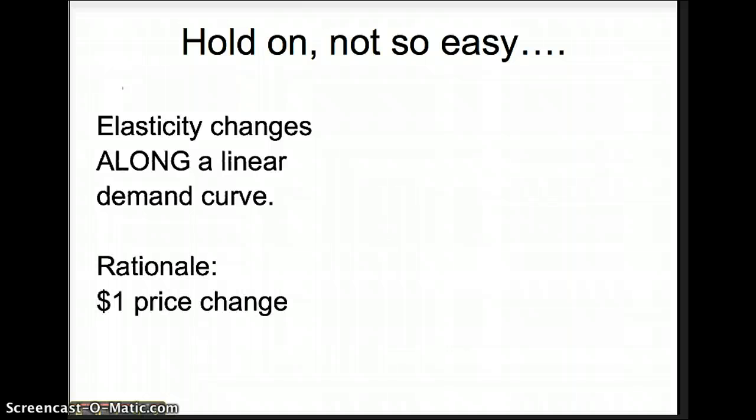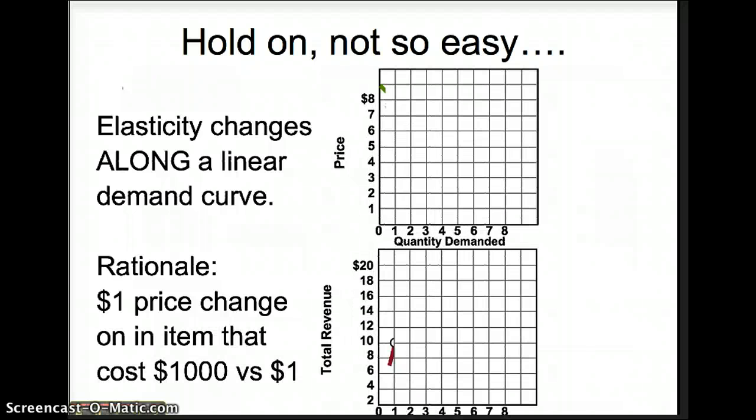Think about a $1 price change on an item that costs $1,000 compared to an item that costs $1. A $1 change on an item that costs $1,000 is a relatively small percentage change, but a $1 change on an item that costs $1 is a relatively large percentage change.